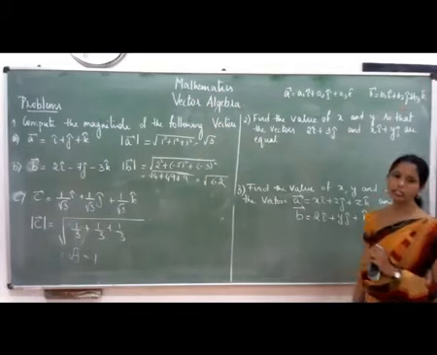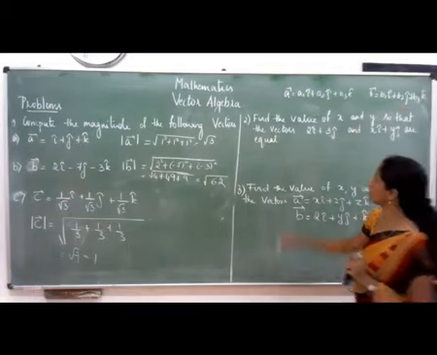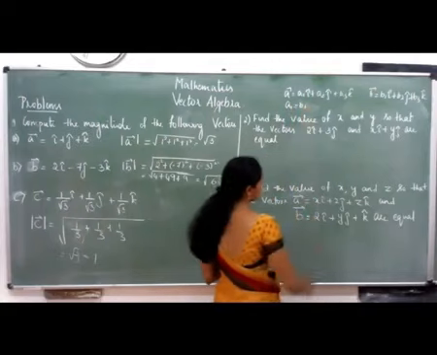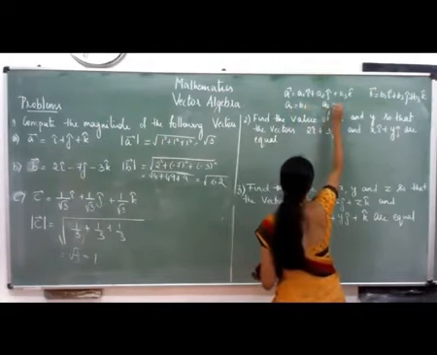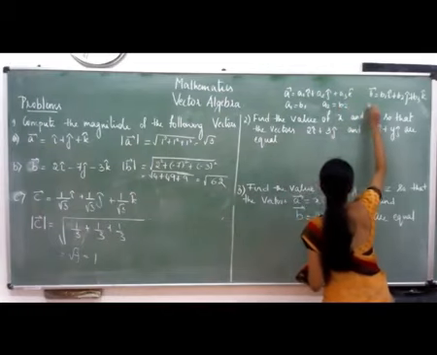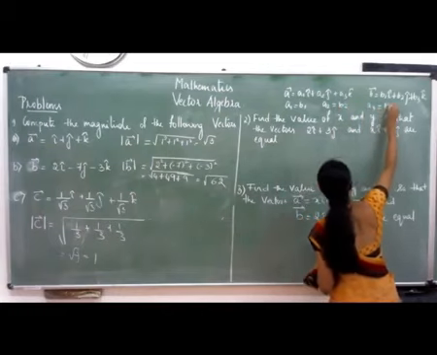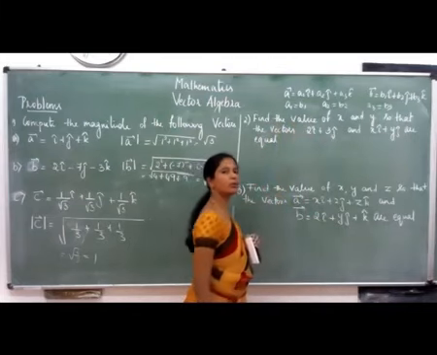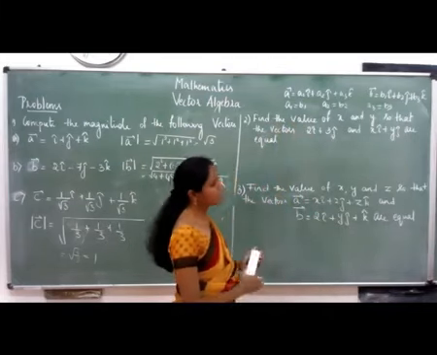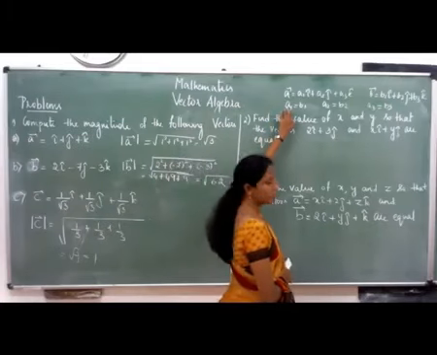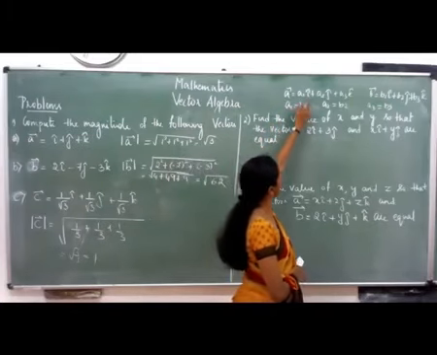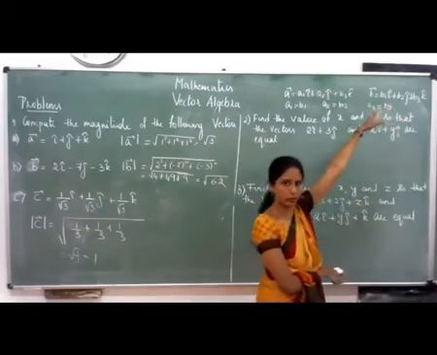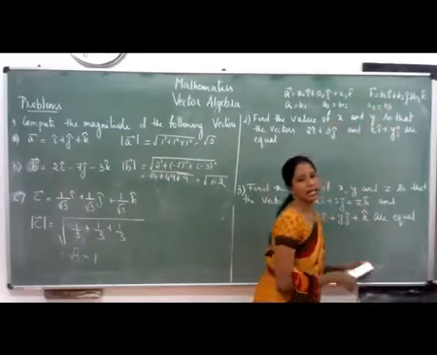If we say that these two vectors are equal, then it is understood that a1 is equal to b1, a2 is equal to b2 and a3 is equal to b3. That is, the i component of this vector is the same as the i component of vector B. Similarly for j and k.